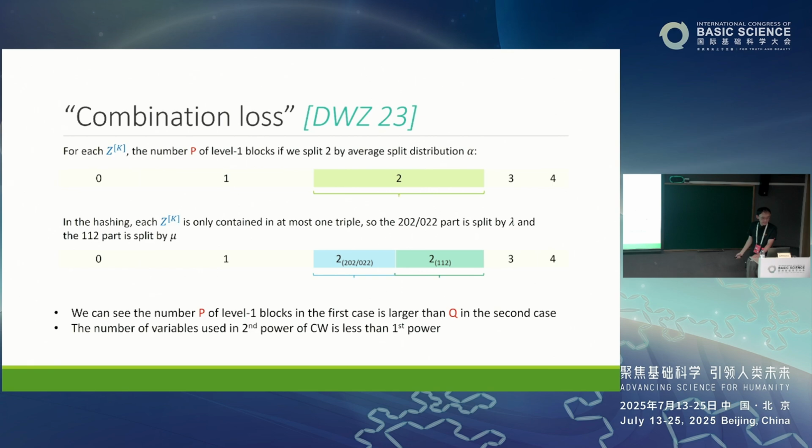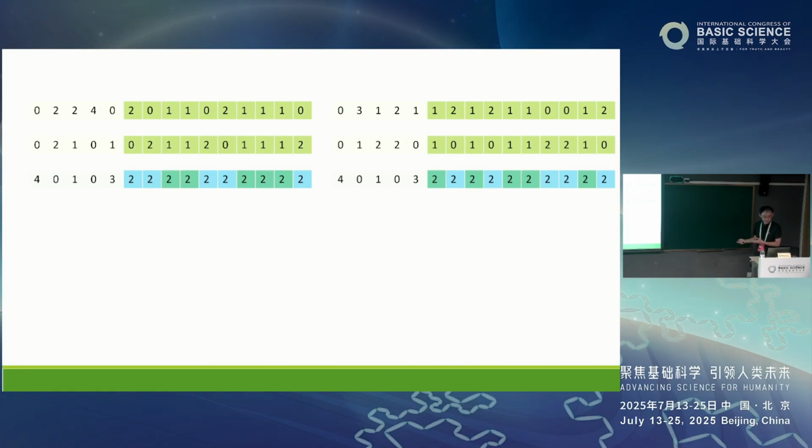Then how to compensate this combination loss? This means that the number of variables used in the second power of the CW tensor is less than the first power. Although it is increased by merging, the number of variables we use becomes smaller. So how to compensate this?